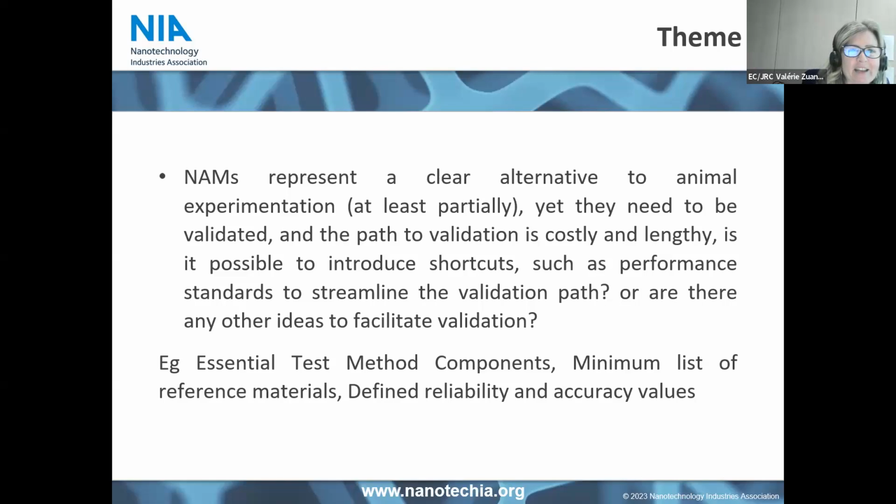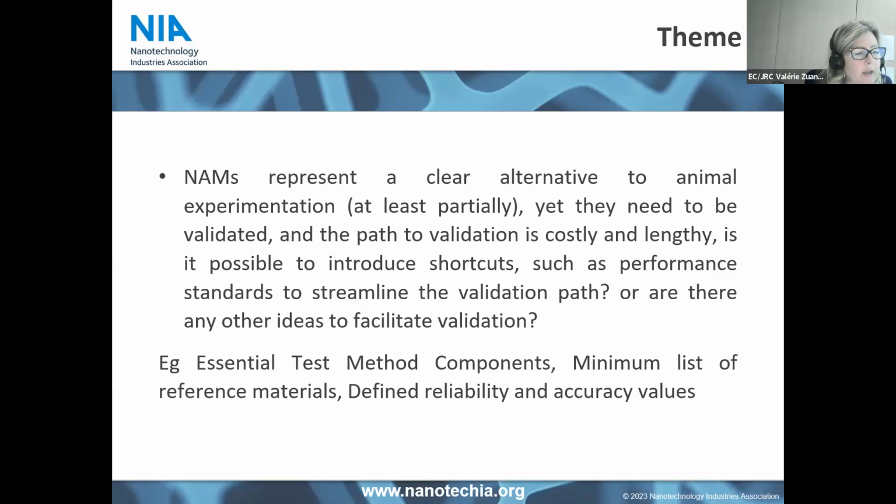There are actually 3 aspects in performance standards, which are the essential test method components, the minimum list of reference chemicals that should be tested, and defined reliability and accuracy values that your test should have. So basically, these are the three main components that you have in performance standards. So it's a bit of a streamlined process to validate similar methods.